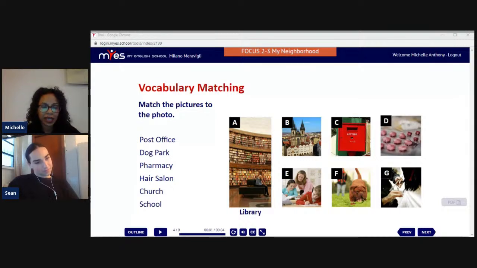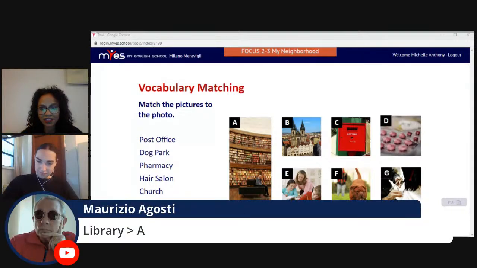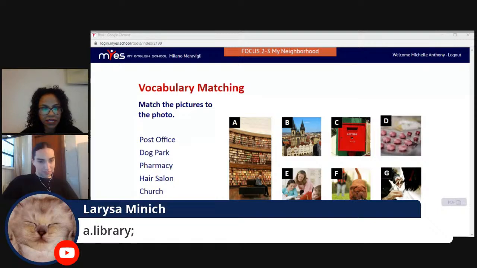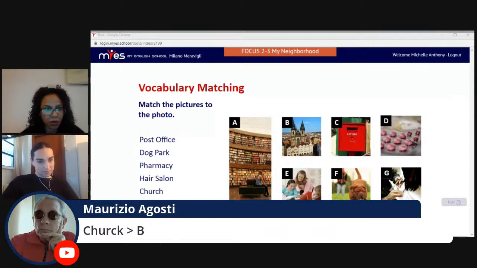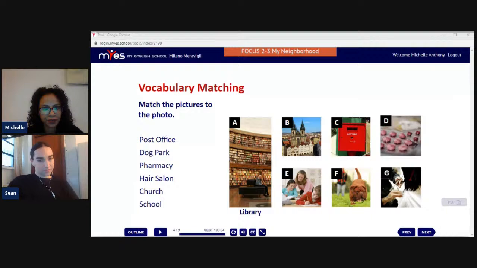Remember, library and libreria in Italian are two very different things. It is a false friend. Okay, Maurizio coming in with the answers. He says A is a library, as does Larissa. And he says B is a church. What do you think? Is B a church? Yeah, it looks like it anyway.